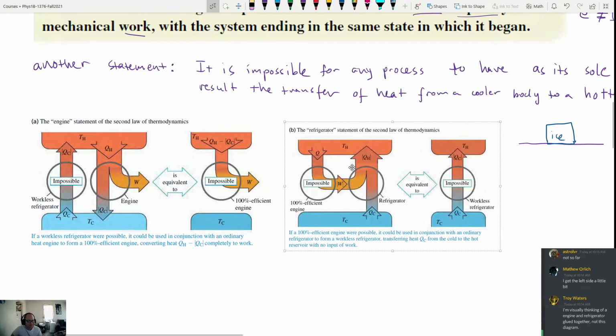It's workless, I guess they're saying, because the heat that came in, I don't know what they're trying to do here. It's using work. It's just that it got the work from somewhere that it shouldn't have. That's all that it's saying. I feel like this just makes things more confusing. I don't know what you all think, but maybe it helps some people.